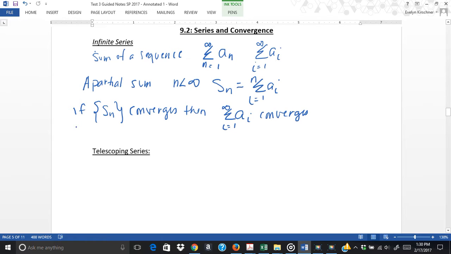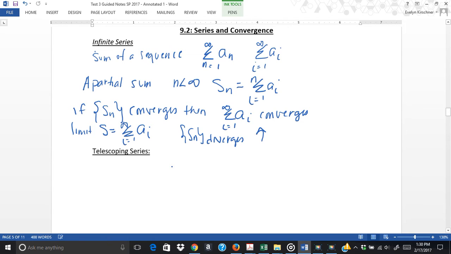So I call my limit s. Okay? And that is, the limit s is that sum i equals 1 to infinity of a sub i. And then similarly, if this would diverge, then so does that as well. It also diverges.